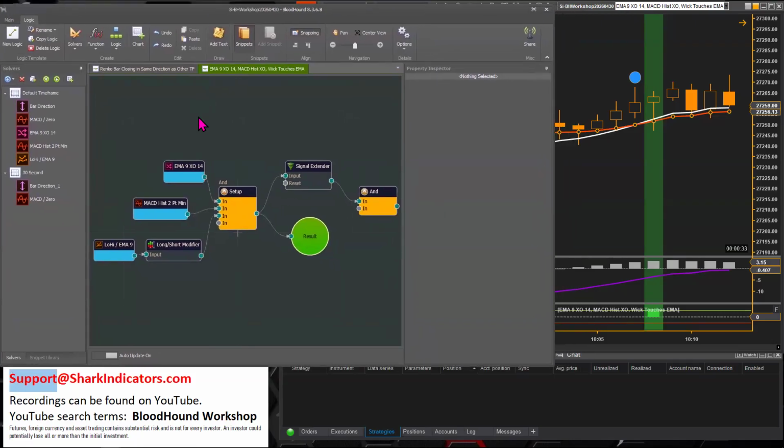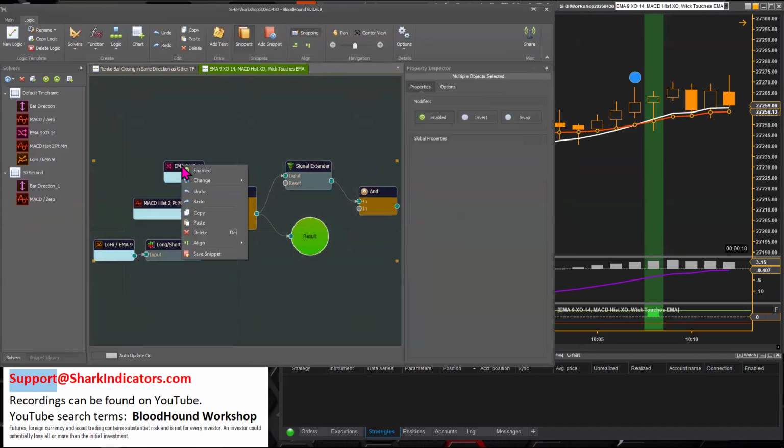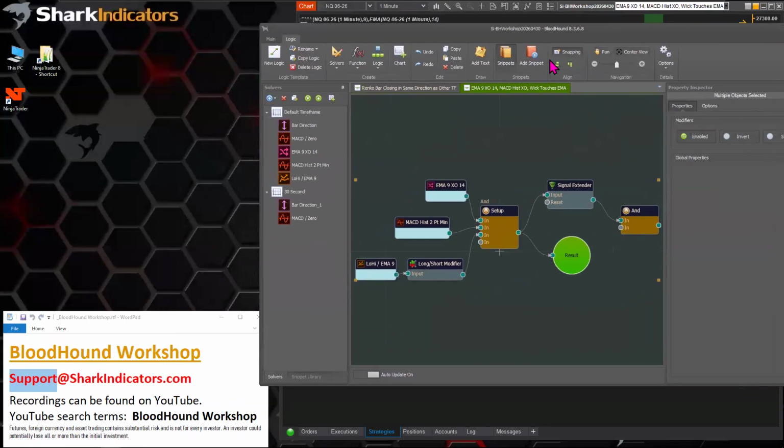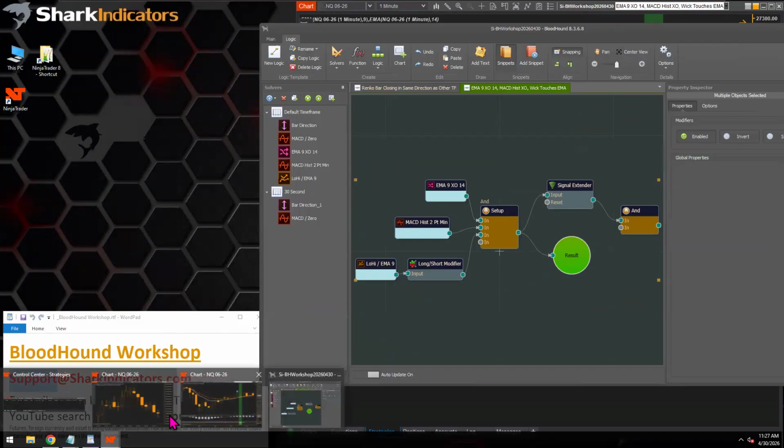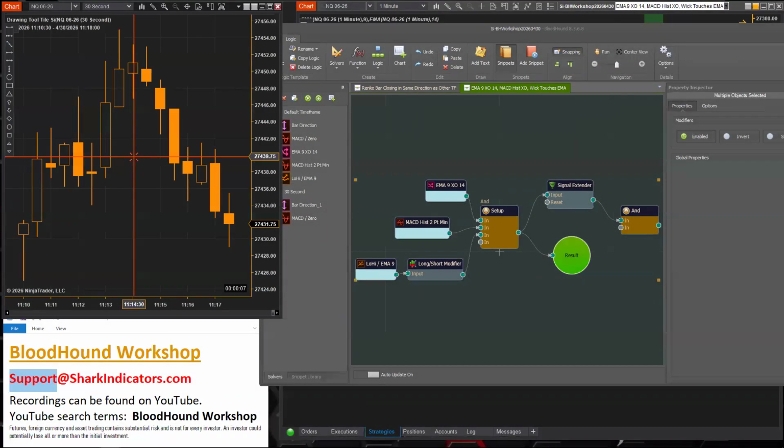And so when you're trying to extract your system out, just remember you can always highlight everything like so, copy it, and then we can go to another chart.